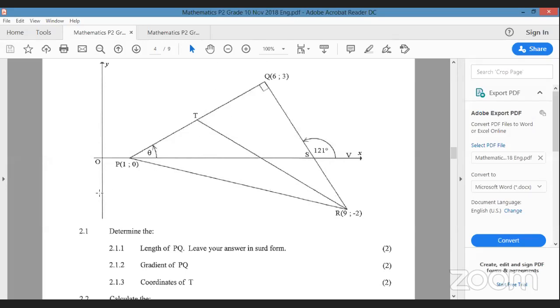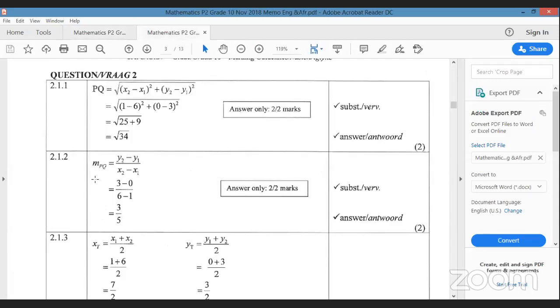The gradient formula is y2 minus y1 over x2 minus x1. All the y's must be your numerator, and all the x's for both coordinates must be your denominator. So 3 minus 0 over 6 minus 1. Therefore, your gradient of PQ is 3 over 5.